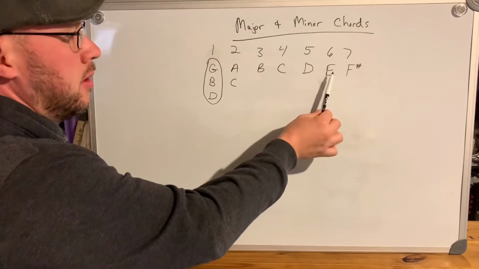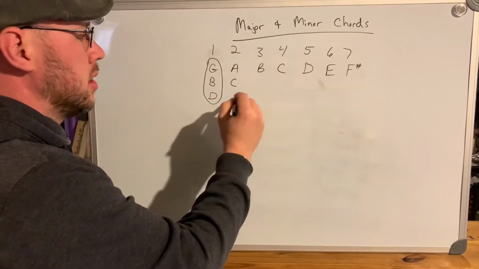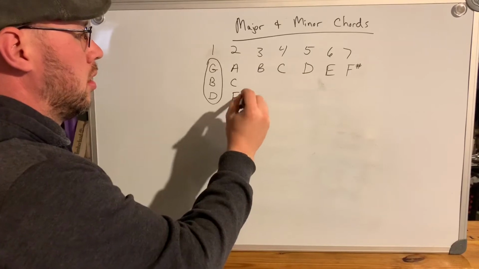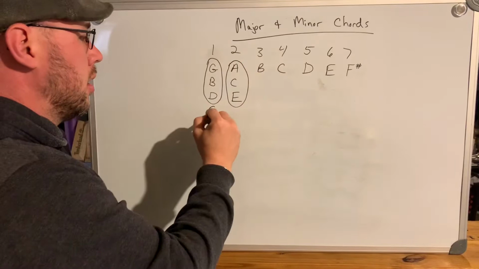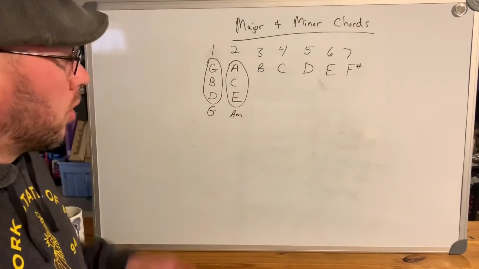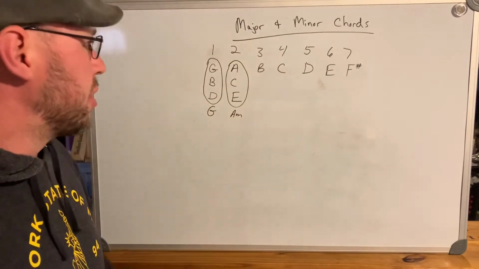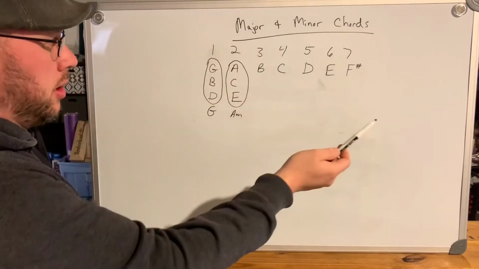And then your 5, 1, 2, 3, 4, 5 from the A is an E. Okay? So this is going to give you an A minor. That's a G major. That's an A minor because of that tone of that C. If it was a C sharp, it'd be a major. So we're laying out the chords now in the key of G.